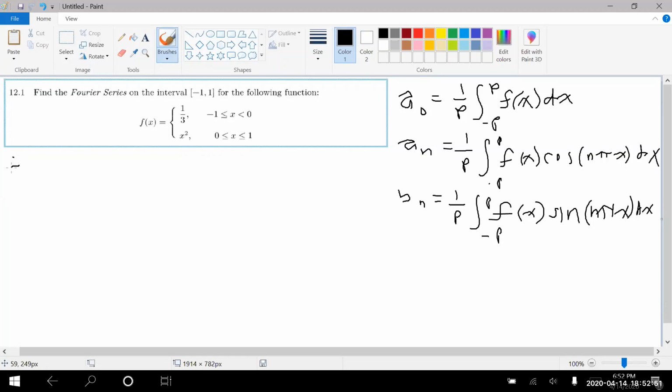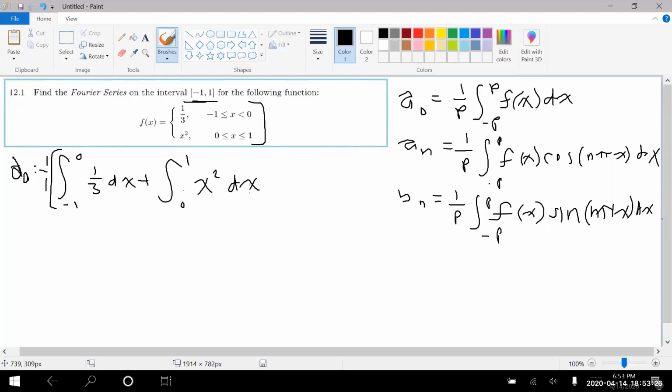Okay, so now we can start solving for the coefficients. Our a sub 0 is going to equal our split interval since our function is piecewise defined. So we have 1 over 1 because our p is 1 in this case, times the integral from negative 1 to 0 of 1/3 dx, and then plus the integral of 0 to 1 of x squared dx.